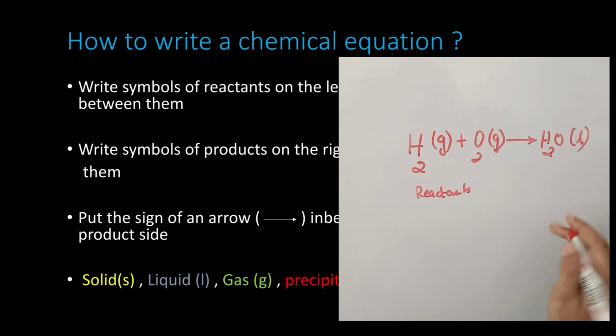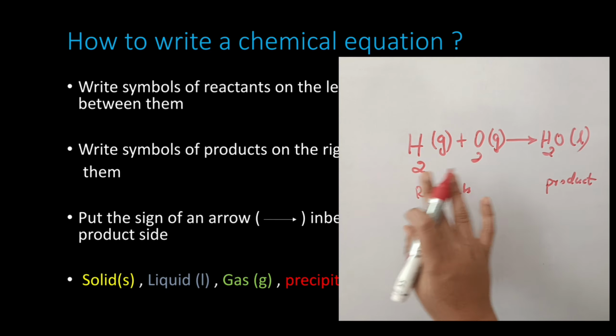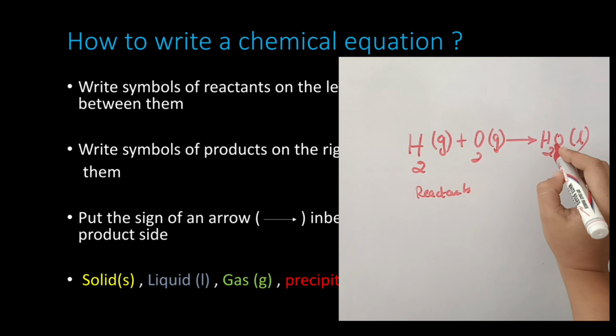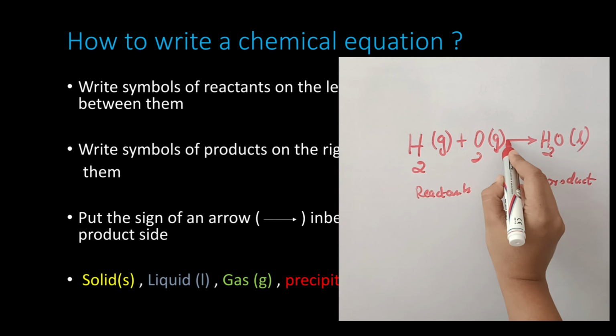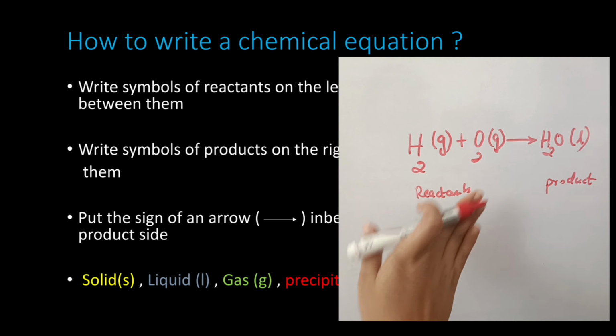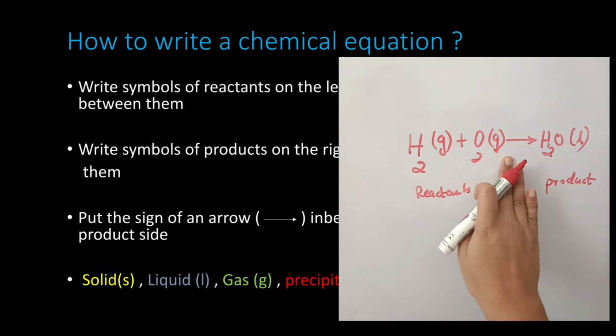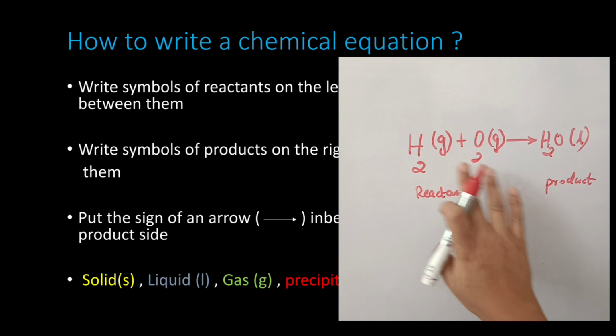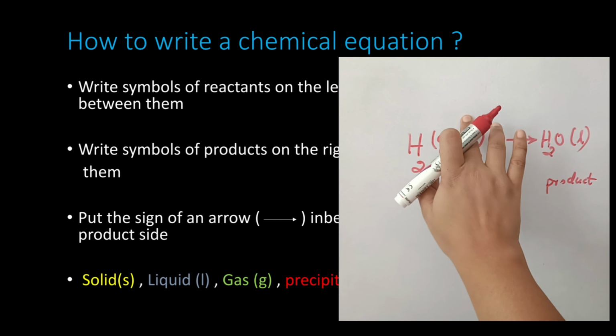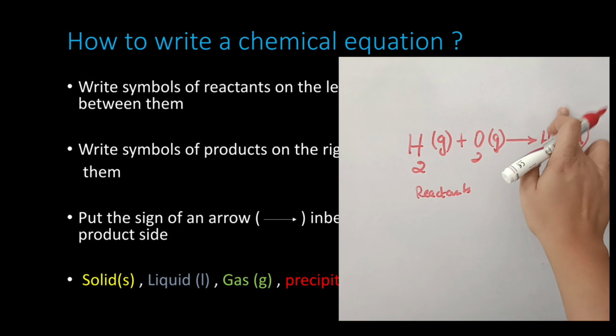And what is the new substance formed? That is your product. Product formed. Next you understand there are two reactants reacting to give you one product, right? The arrow mark always points towards the product, and it shows the direction of the reaction. It started from hydrogen and oxygen gas mixing, reacting to give you water, right?